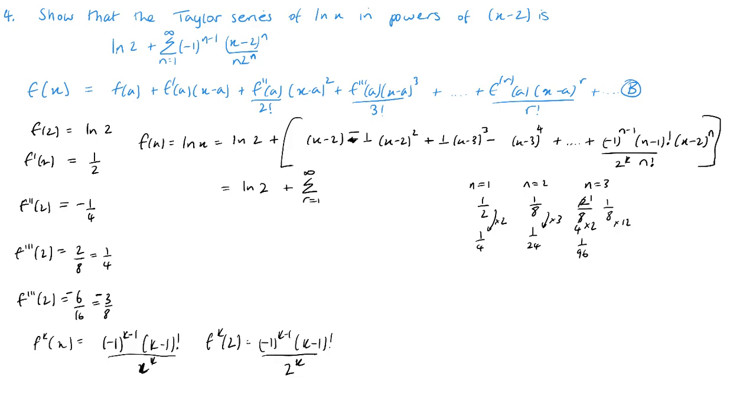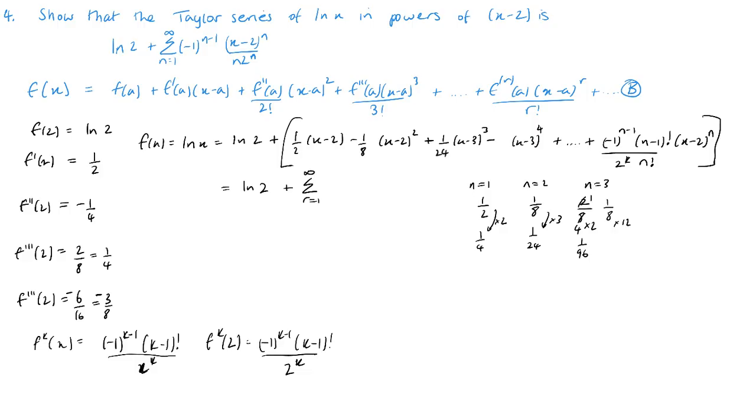So this is f dash of 1, so this is a half. Let me rub out this. Then we've got minus a quarter, divide by 2, so minus an eighth. Then we've got a quarter, divide by 6, so 1 over 24.